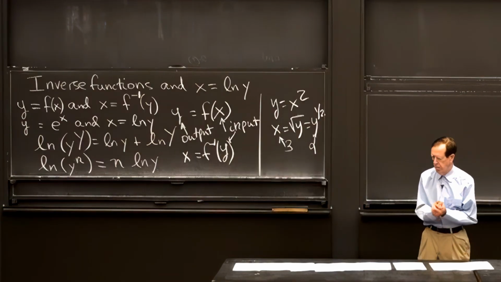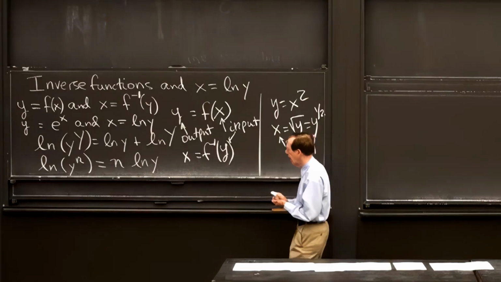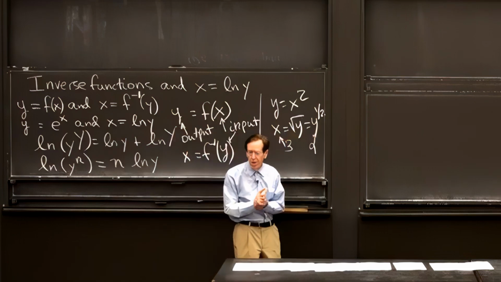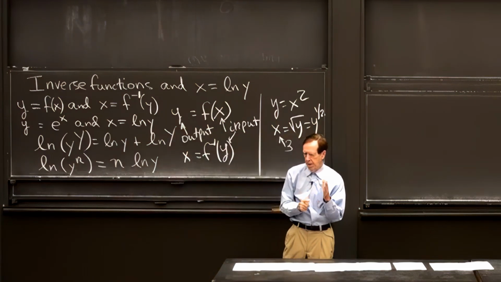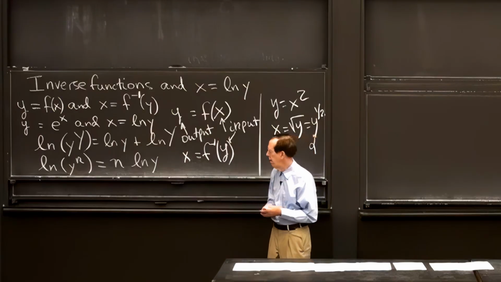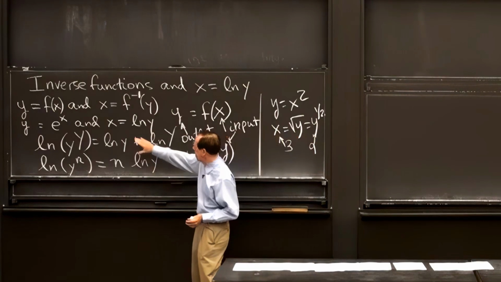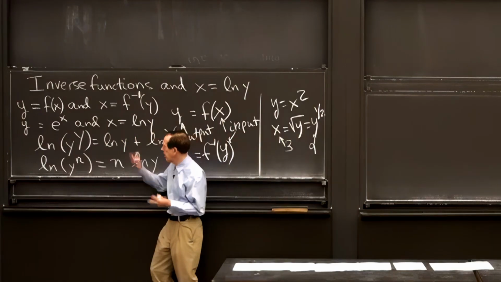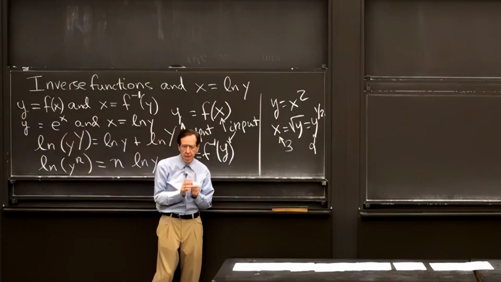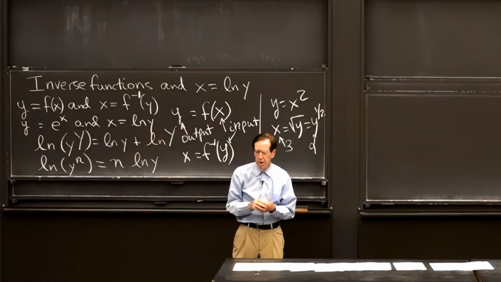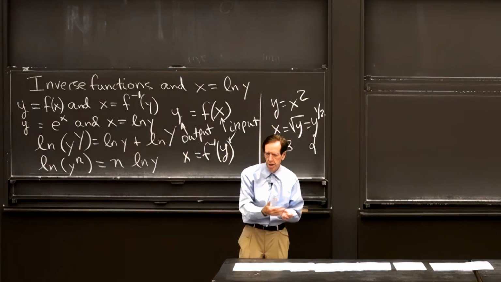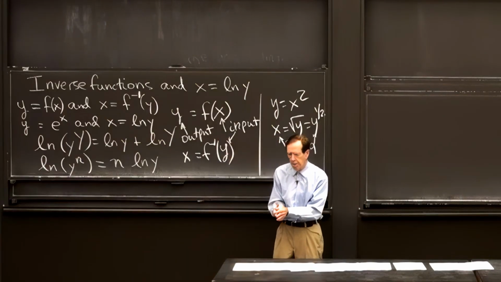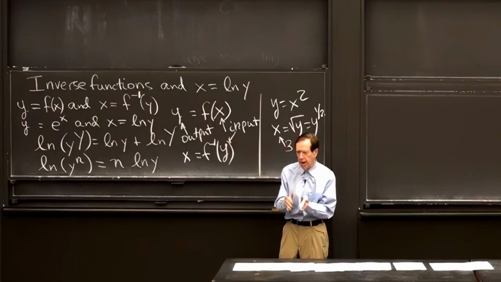Okay, let me do some more examples before I come to the reason for this lecture, which is the exponential and the logarithm. And let's look ahead to what will come near the end of the lecture. We know facts about the exponential, e to the x, and those facts, when I look at the inverse function, give me some different facts, important facts still, about the logarithm.